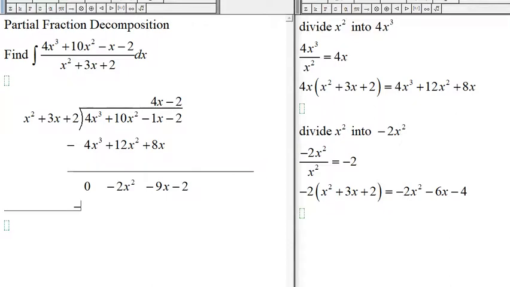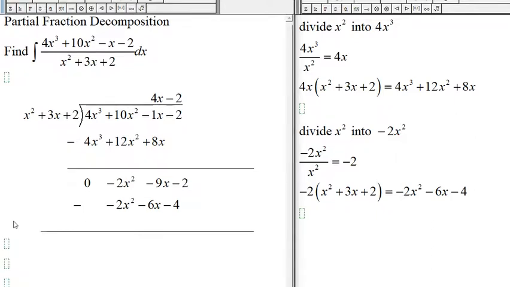So we subtract. Here we have negative 2 minus negative 2. That's going to be 0.